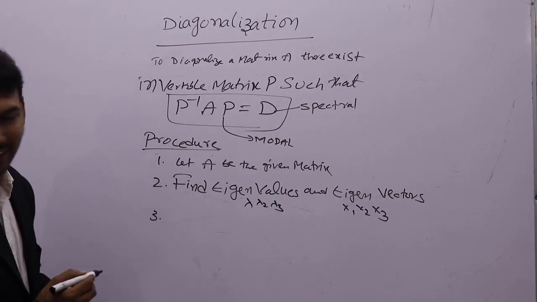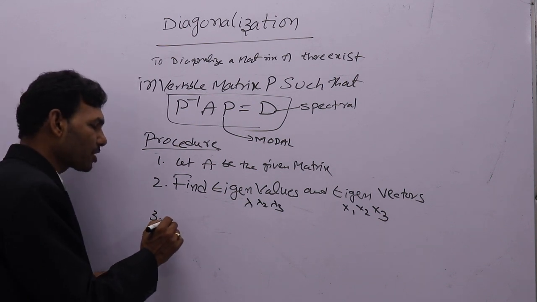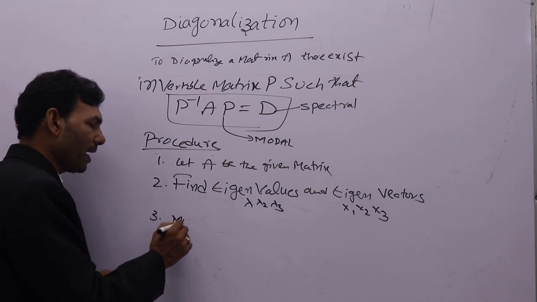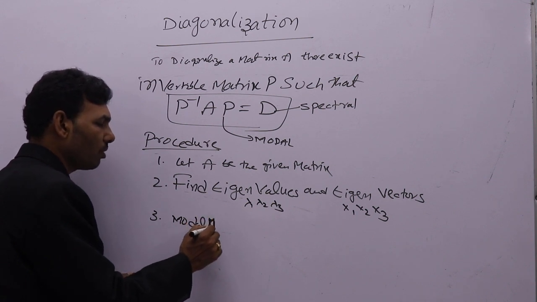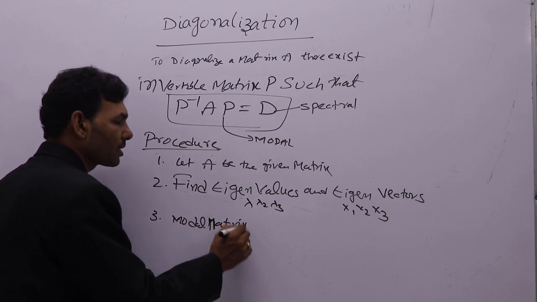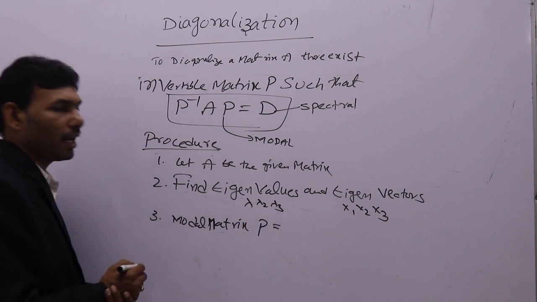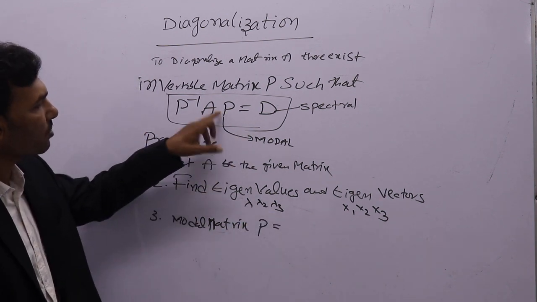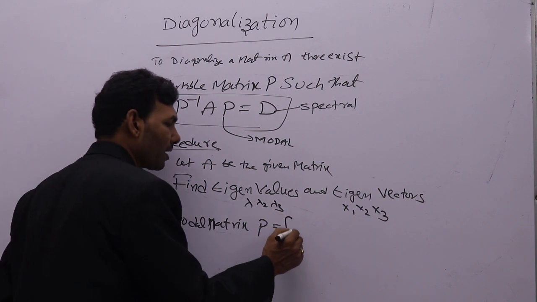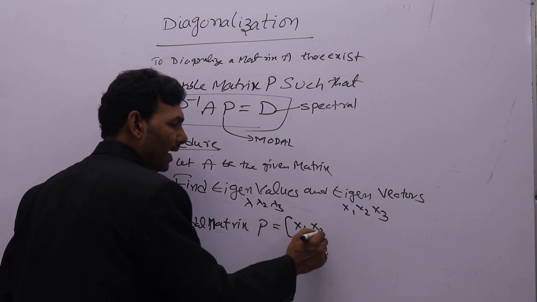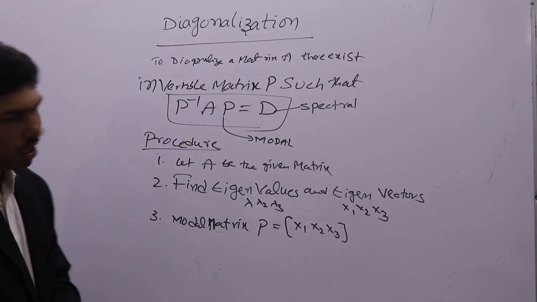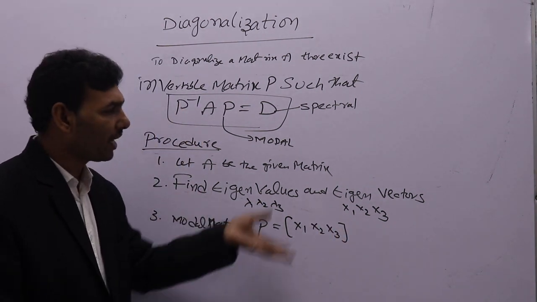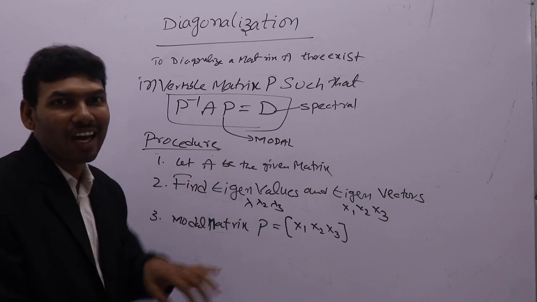After finding eigenvectors, write the modal matrix P. I said modal matrix means P. Simply write the eigenvectors as its columns. The modal matrix is a matrix having eigenvectors as its columns.